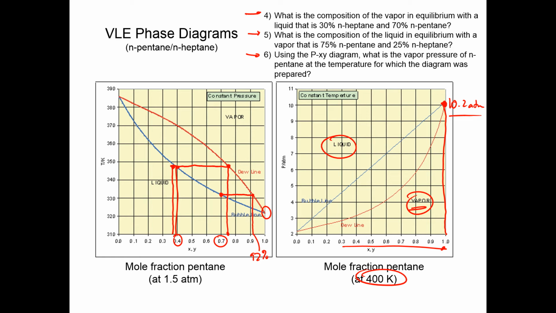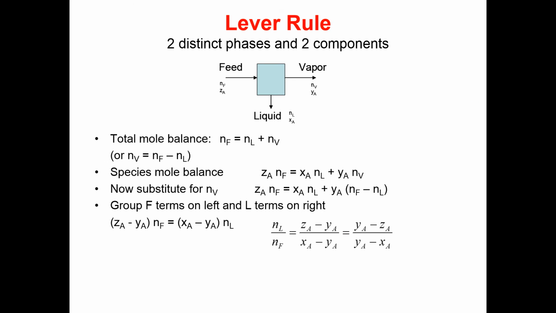Okay, so we answered this. Let's go on to a last one. Okay, so let's just cover the lever rule. On these diagrams we can also use these to determine how much liquid and how much vapor is going to be coming out of a feed with a particular composition and a particular number of moles of F, or our feed, and then we're going to be able to calculate the number of moles of vapor, the number of moles of liquid, and then the compositions of those as well.